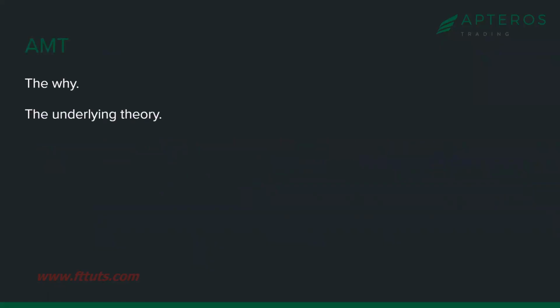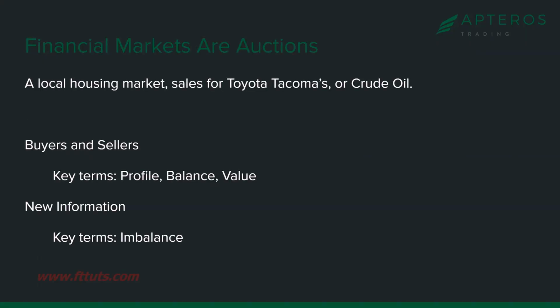Auction market theory. It's the why, okay? It's the underlying theory behind what's going on with all this stuff. Financial markets, whether it's crude oil or the S&P or whatever, it's just like any other market that could exist in the world, within reason, right?